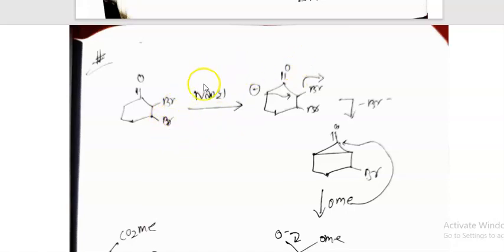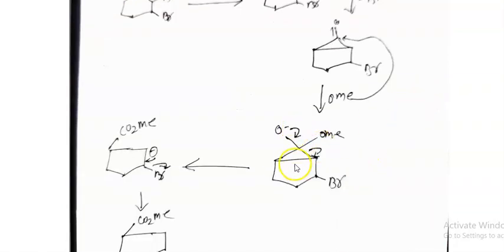Okay, so the base present is NaOEt. First of all, as usually happens, the negative charge is developed on that side where halogen is not present, so that OEt can abstract a hydrogen here, and a negative charge is developed. The negative charge can attack here, so that the bromide group is left, and that is why a cyclopropane ring is formed. In the second step, the OMe group can attack here to form O negative, OMe.